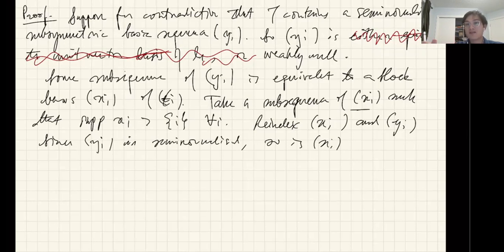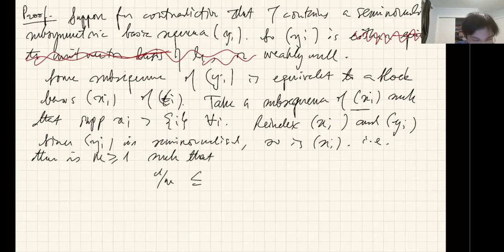And since all the yi's are bounded, when you move them over, you're moving by a bounded functional, so it's bounded above, and then going the other way, you're also moving by a bounded linear functional, so it was bounded below. Okay, so there is m greater than 1 such that 1 over m is less than or equal to the norm of xi, which is less than or equal to m, for all i.